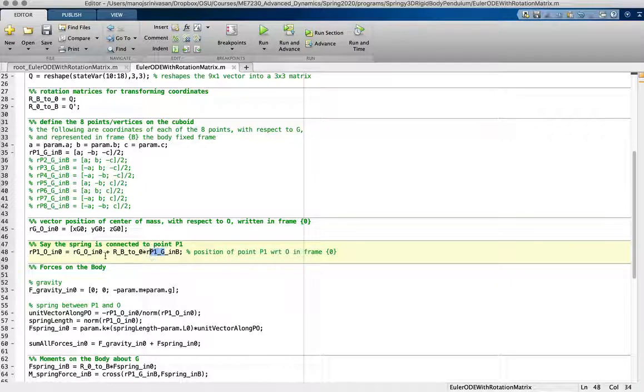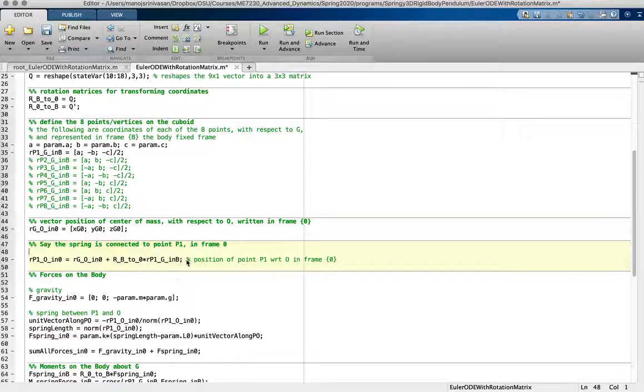But R G to P1 we want to write in frame 0, and we know what it is in frame B, so we can take R G to P1 in frame B, convert it to frame 0, and then add it to R O to G to get R O to P1 in frame 0.